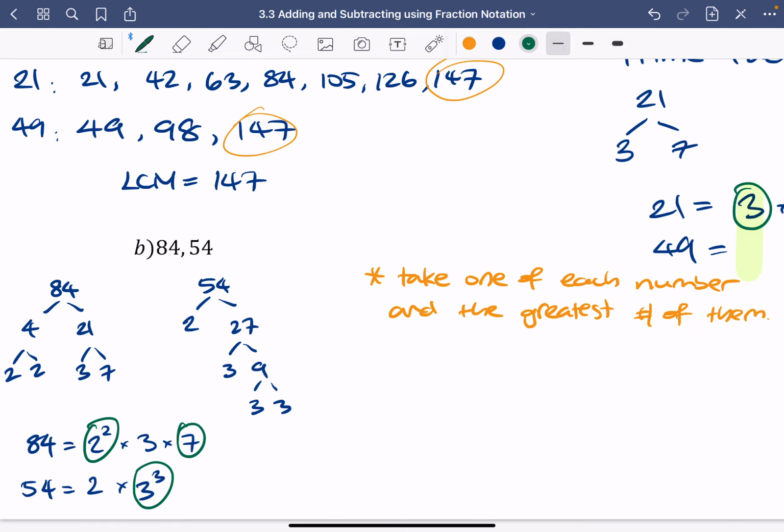And so the lowest common multiple is 2 squared times 3 cubed times 7, which is 4 times 27 times 7. If you multiply these all together, it's 756.